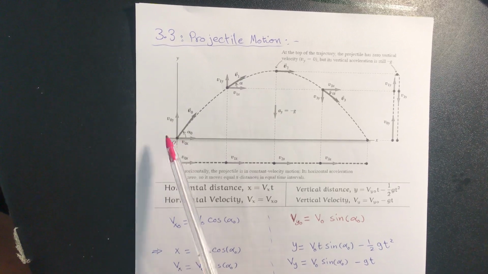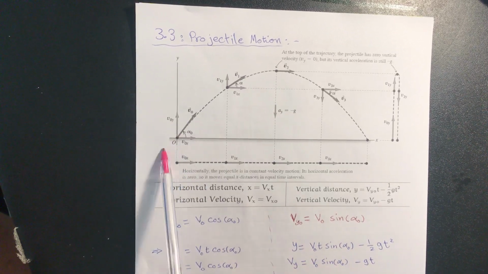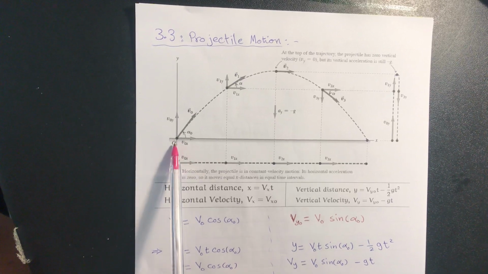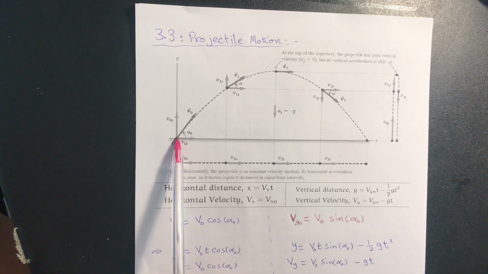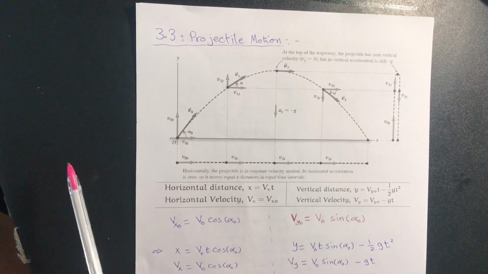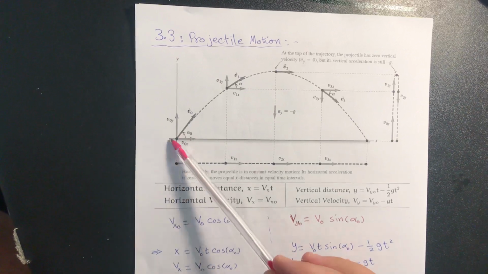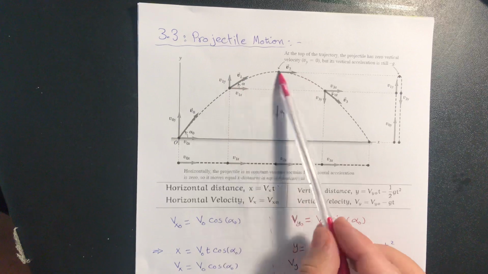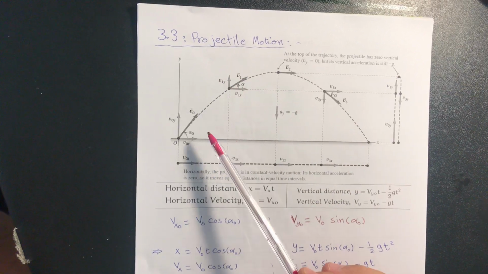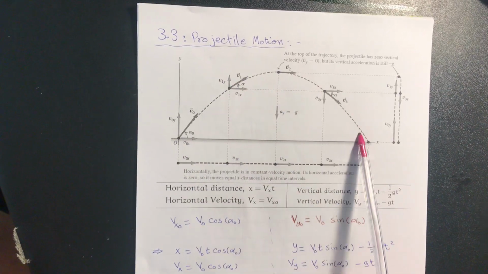In this case, this initial velocity has two components, the parallel or x component, which is v naught x, and the y or vertical component.